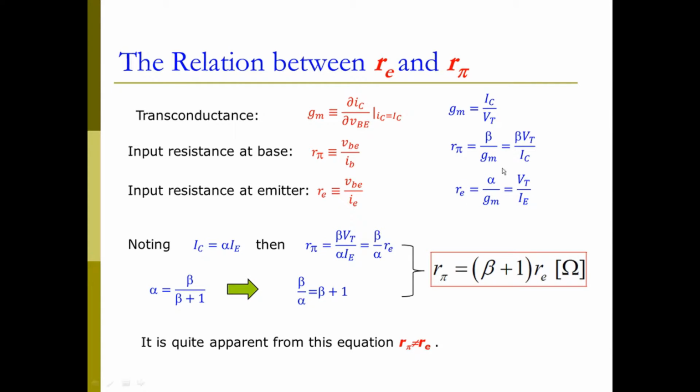From this formula here, we can tell our R pi will equal beta divided by alpha times RE. And here is the relationship between alpha and beta. If we plug in, we can easily get our R pi equals beta plus 1 times RE. And it is obvious that this R pi is different from RE, right?